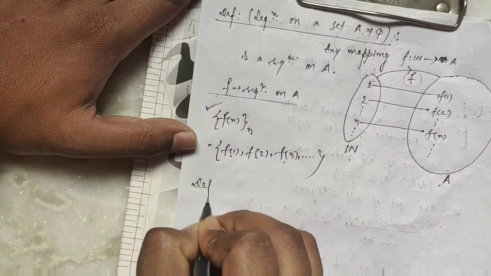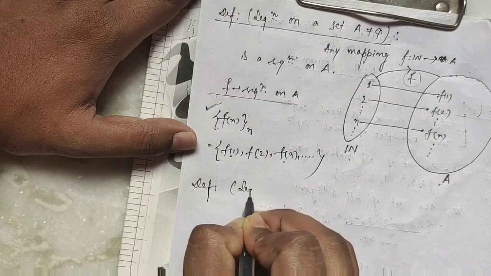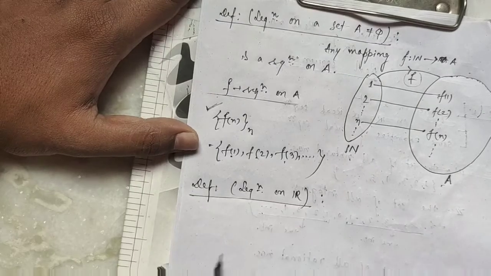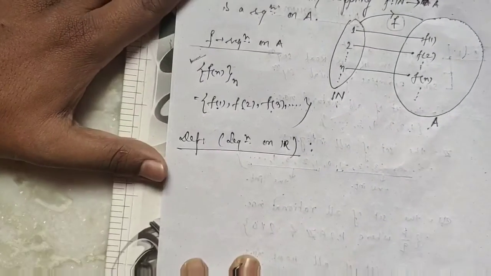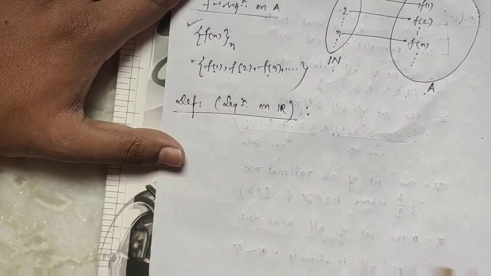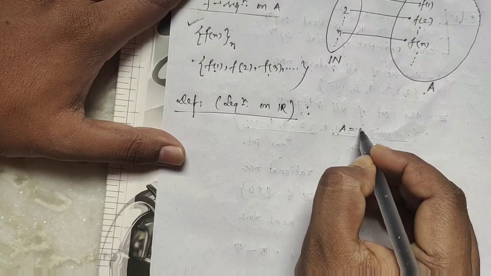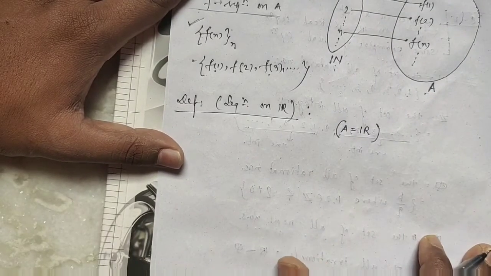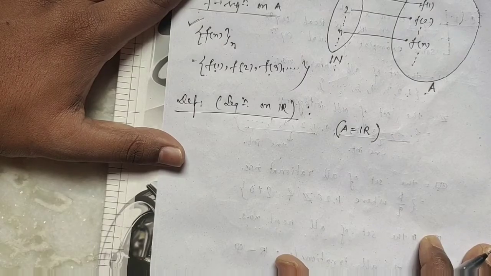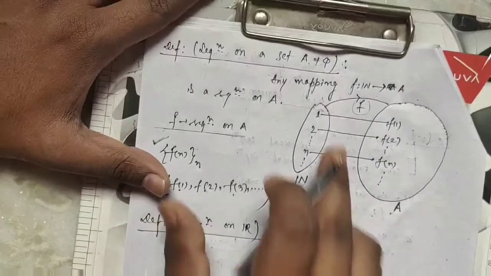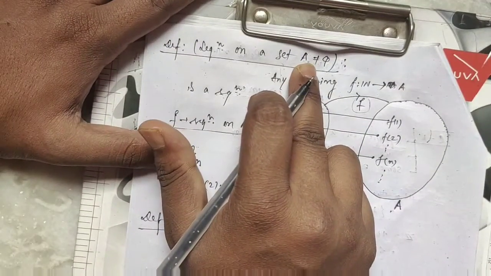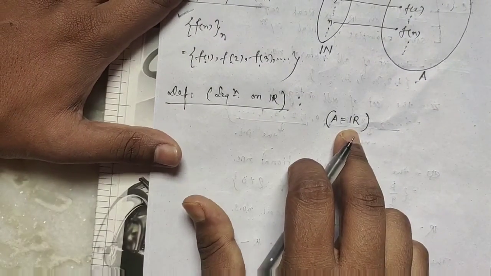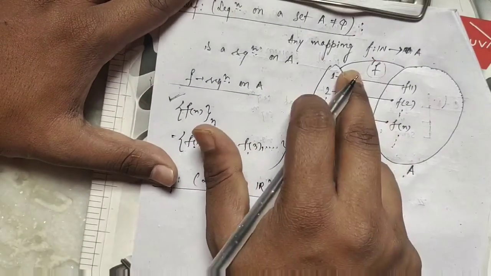Now next definition, sequence on R. If we choose the set A as the set of real numbers, then the sequence is a real sequence.